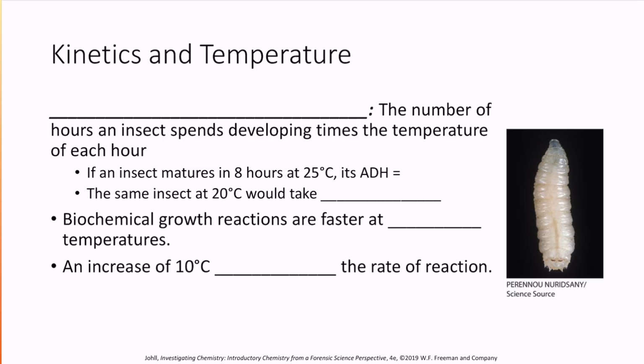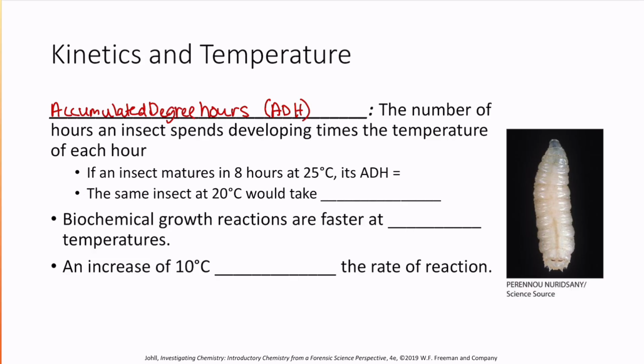The accumulated degree hours, or we just simply refer to this as ADH, is very important with kinetics.